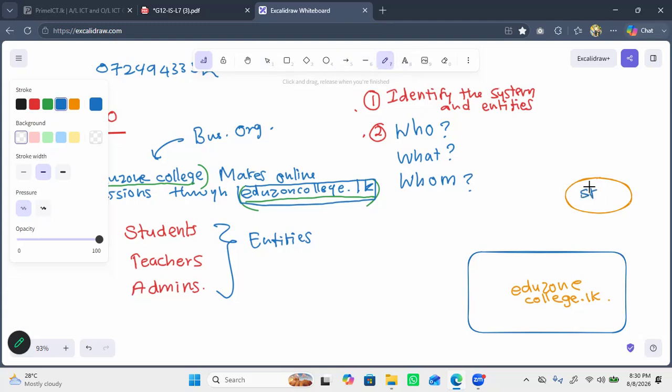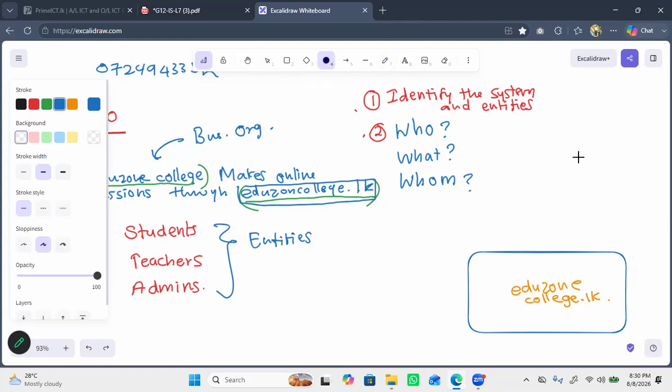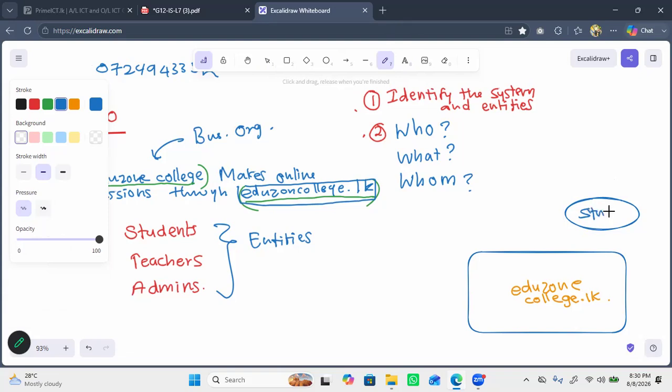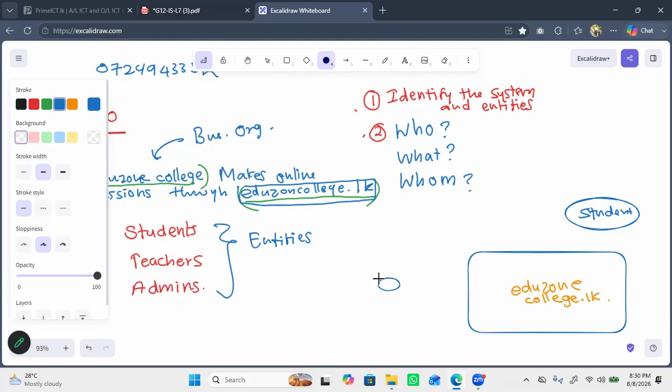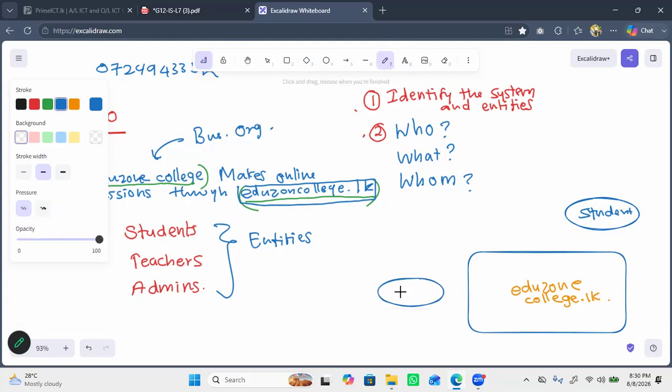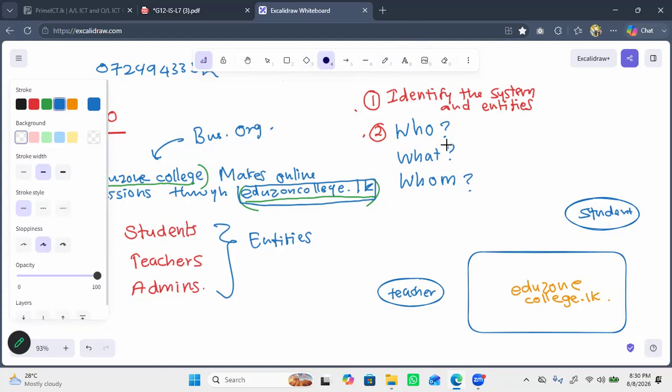I can say students. Let's keep it singular. Then teacher, then admins.